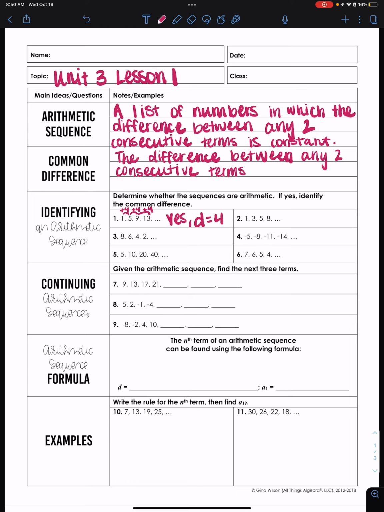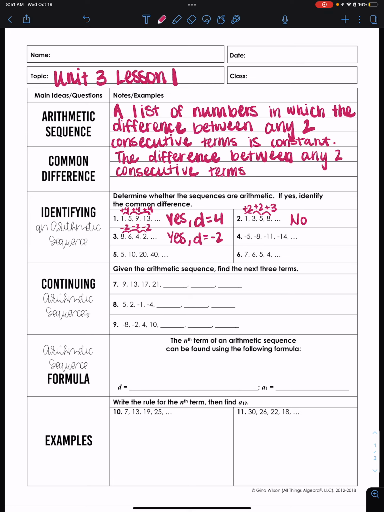For number 2, 1 to 3 add 2, 3 to 5 add 2, 5 to 8 add 3. So no, because I don't have a common difference, this is not arithmetic. Okay, number 3, 8 to 6 subtract 2, 6 to 4 we're subtracting 2, 4 to 2 we're subtracting 2. So yes, this is arithmetic, and my D, since I'm subtracting, is going to be negative 2.